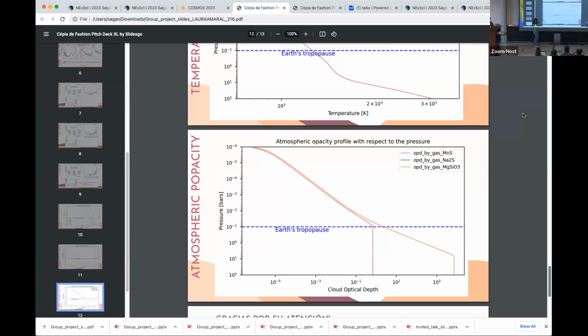And this is the opacity profile for another metallicities in the atmosphere.